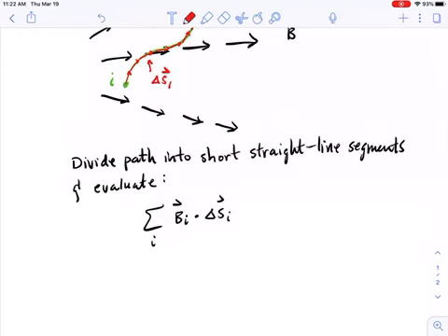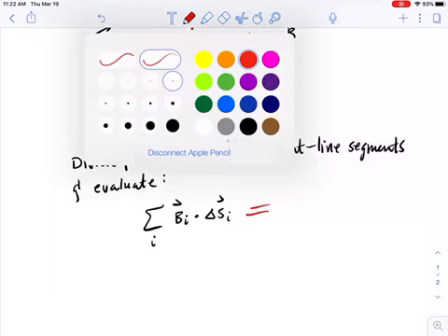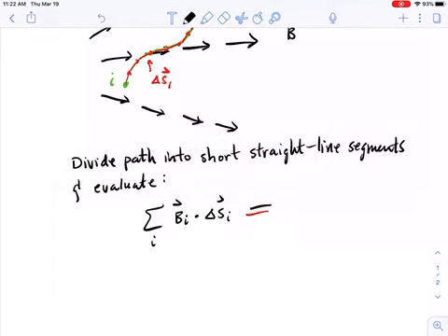Okay, so let's take the limit that delta s_i goes to 0.